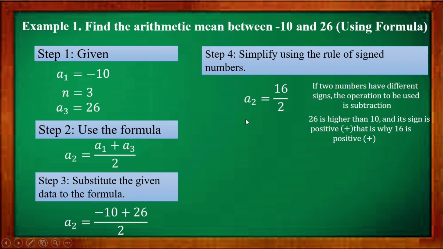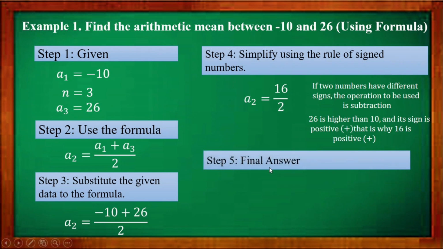That is why the numerator is positive 16. So the final answer for this example is A sub 2 is 8. And that is why the arithmetic mean between negative 10 and 26 is positive 8.